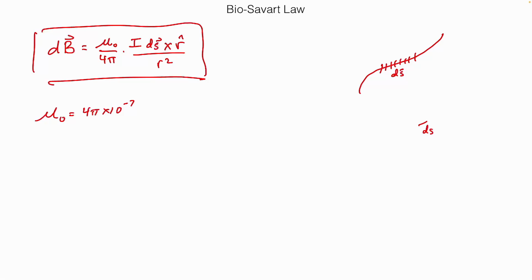But if you've got a more complicated string of wire, we'd have to figure out what the x and y components are if we want to do it in Cartesian coordinates. If we're doing it in a circle, maybe polar coordinates, right? We'll get to that. But the ds is how you're breaking up your current. Like what shape is your wire?